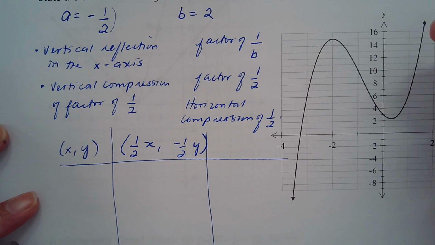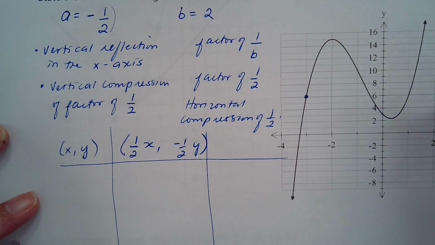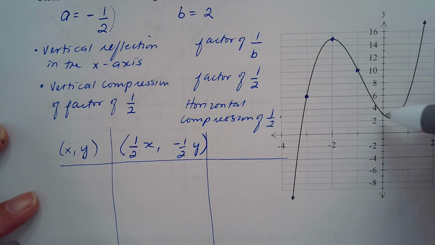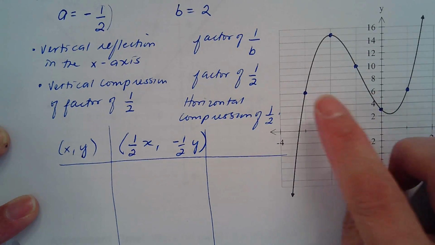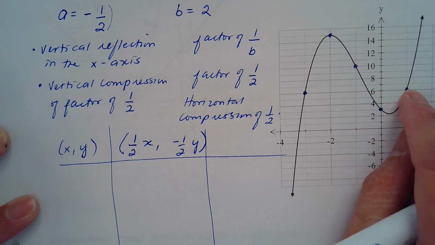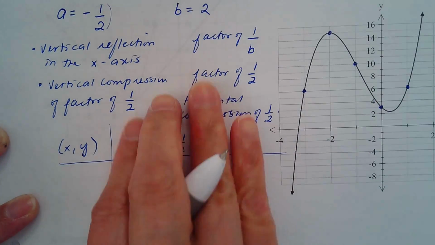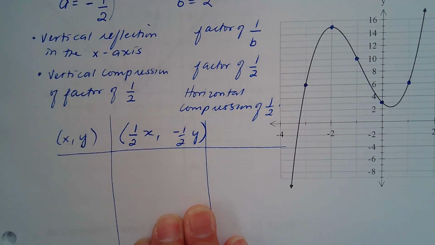Let's see, what kind of numbers do we get here? So how many points do we have? 1, 2, 3, 4, 5 points, original points, and then this is our map.